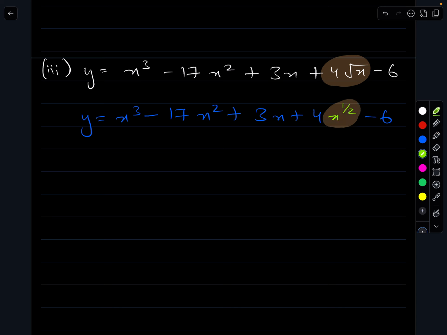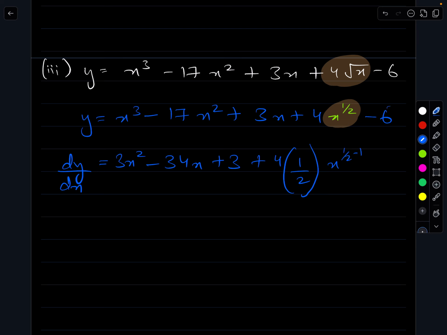You can correspond the working. And then I have dy by dx, 3x squared for this. 17 into 2 is 34. Reduce the power by 1. 3 into 1 is 3. And then I have this. So 4 multiplied by half x power half minus 1, and the differential of a constant is 0.